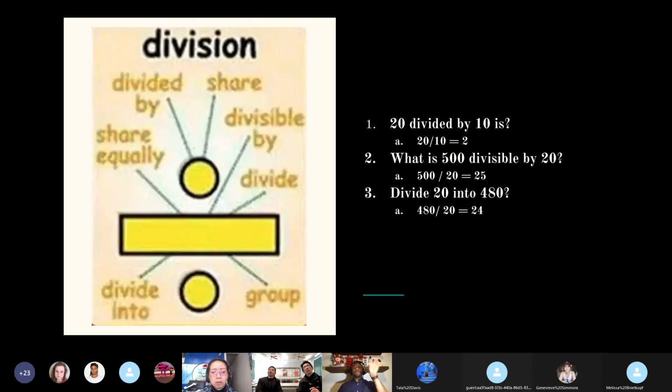In the second example, 500 divisible by 20. But in the last example, we're saying divide 20 into 480. So the way we're saying it is reverse of how you would actually do the problem. You would actually take 480 divided by 20 to get your 24.